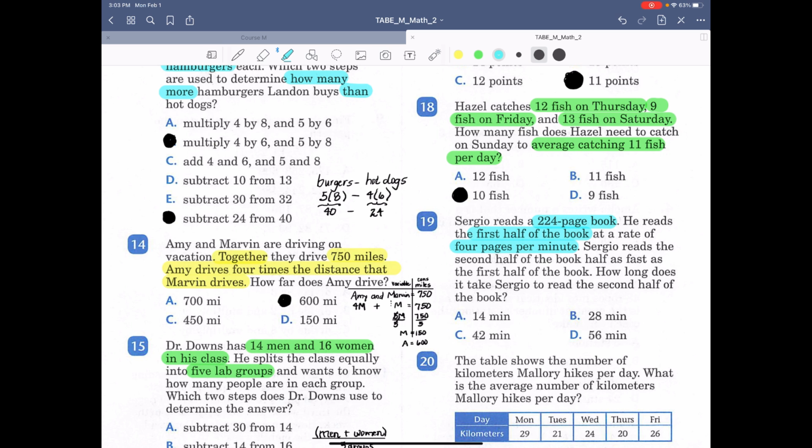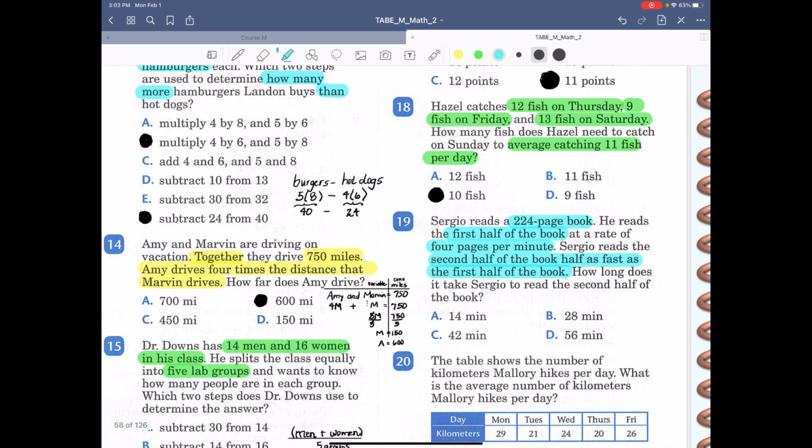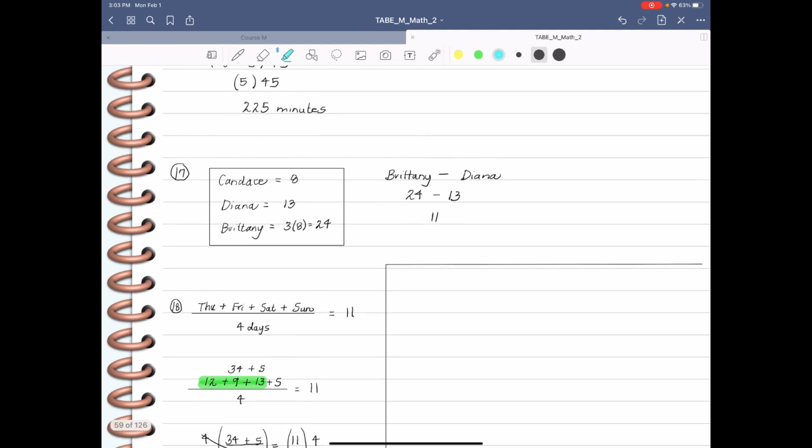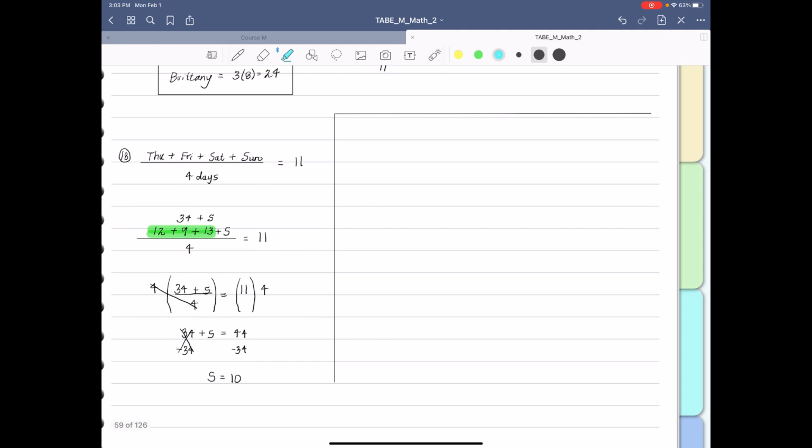Sergio reads the second half of the book half as fast as the first half of the book. How long does it take Sergio to read the second half of the book? Okay. So I'm going to put this one right down here, number 19.